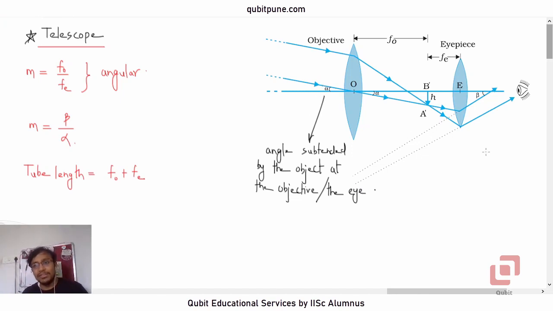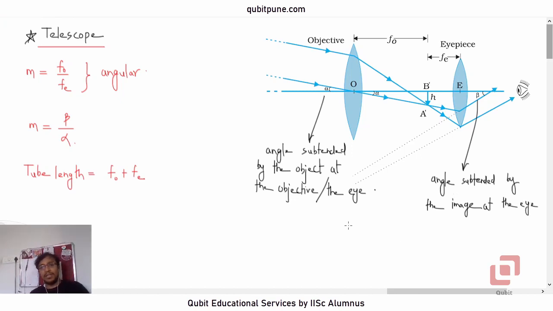What is beta here? Beta is the angle subtended by the image at the eye. This is called angular magnification because we take the ratio of angles: beta by alpha.